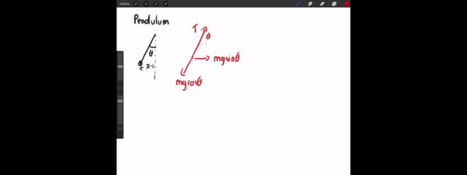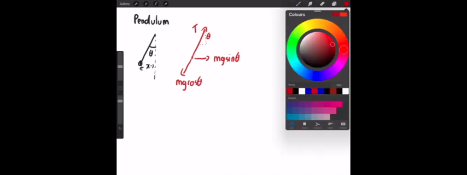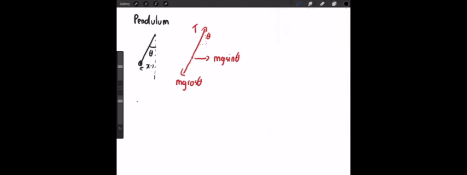So the restoring force in this case for the harmonic oscillator we can say is minus mg sin theta. It's a minus sign because it's pulling it backwards towards the equilibrium position. So again, using F equals mass times acceleration, let's plug in the acceleration part.